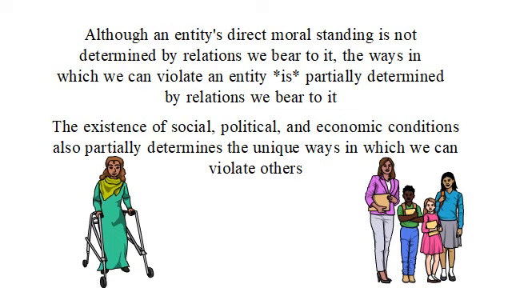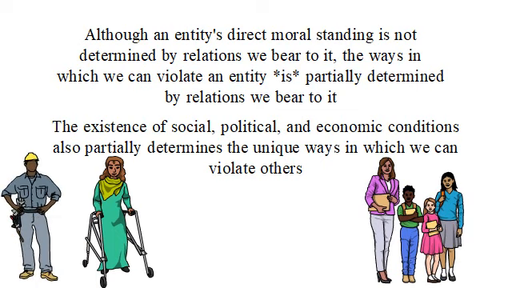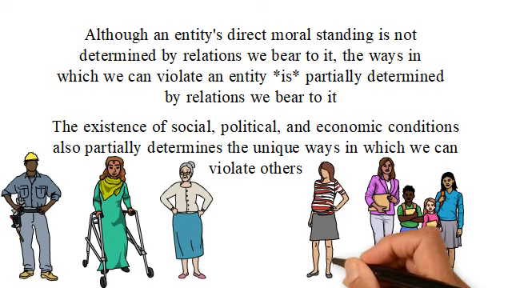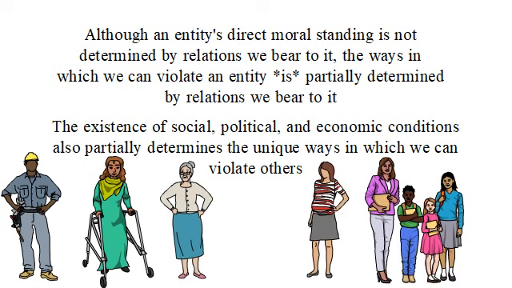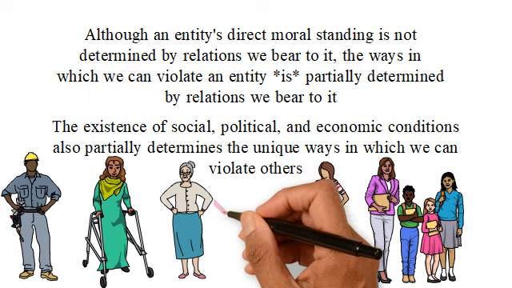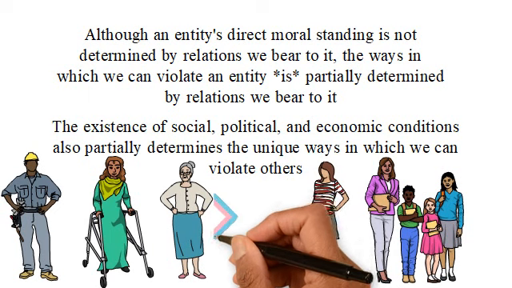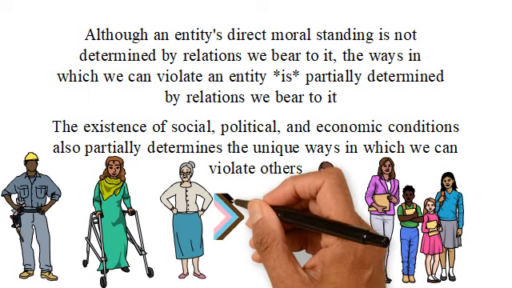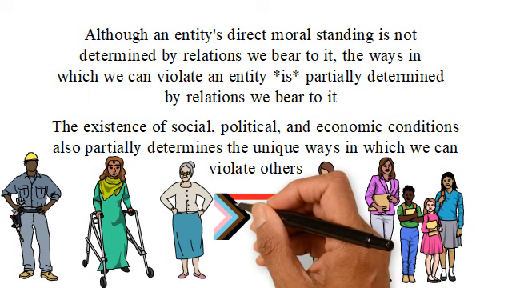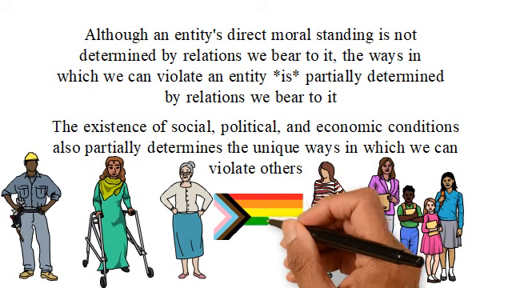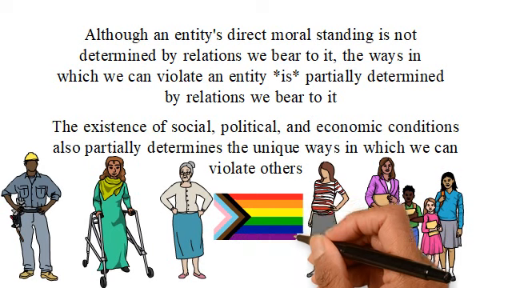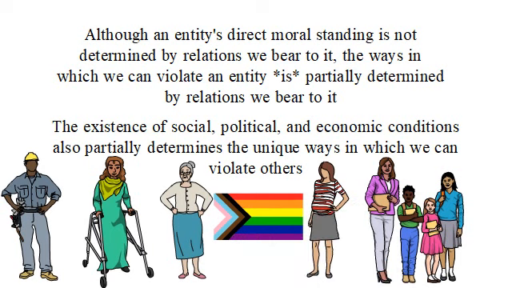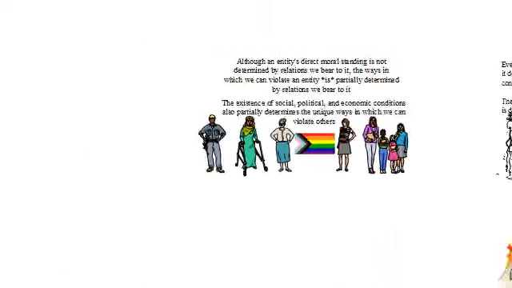If I know that one individual is particularly vulnerable compared to another in virtue of being a member of a certain social demographic, then I need to take that vulnerability into consideration. If there are systemic barriers to flourishing that disproportionately impact certain members of our society, then we fail to give members of society the full consideration we ought to give them if we do not act to correct those barriers.